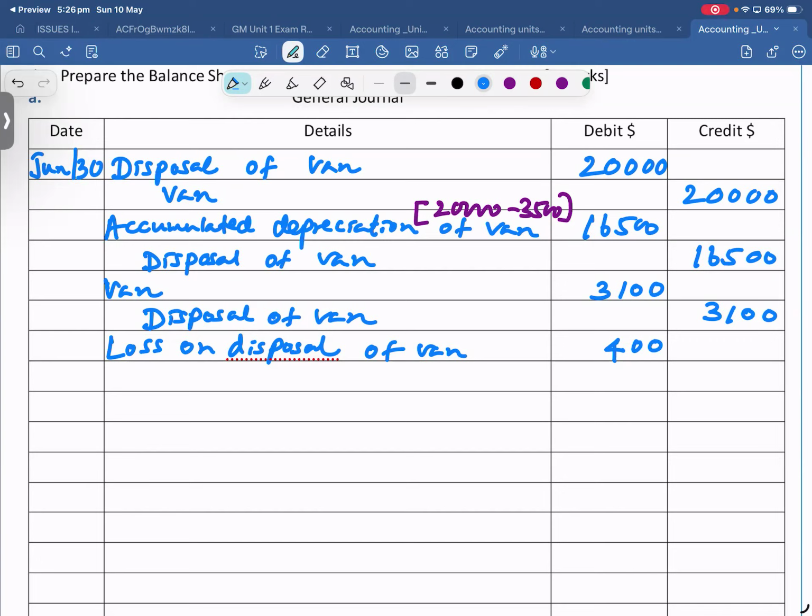Because of overstating the carrying value. Why would you overstate the carrying value? Because of overstating the residual value and the life.